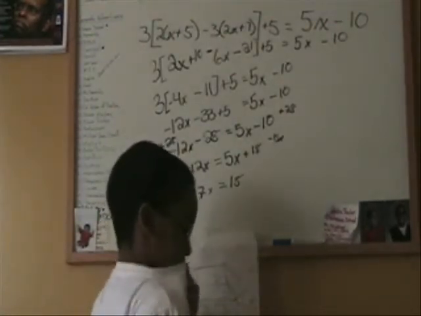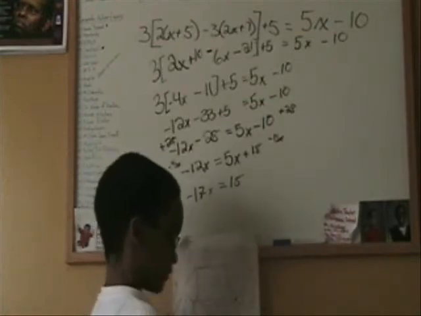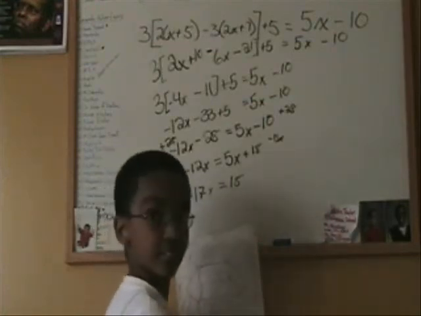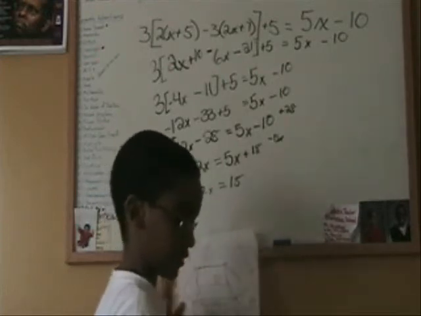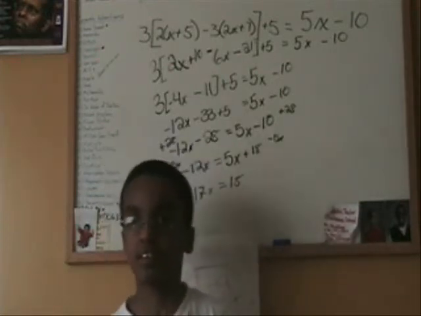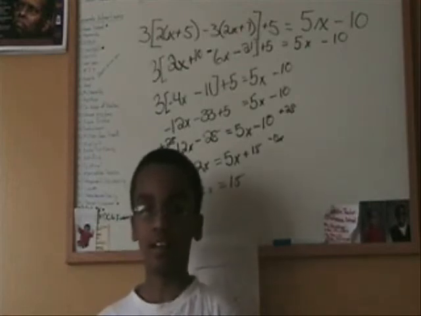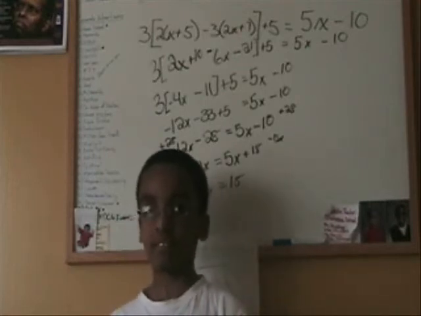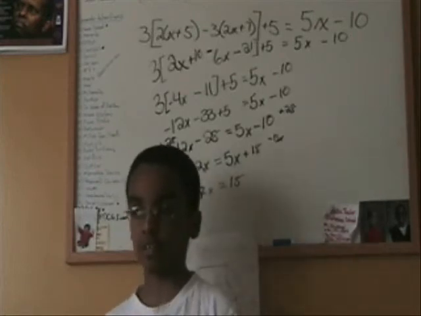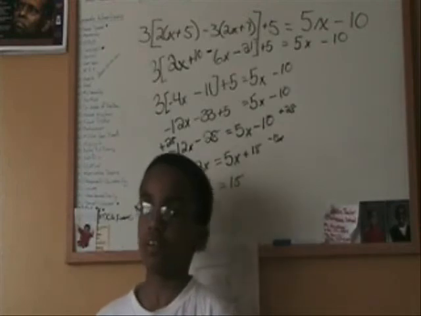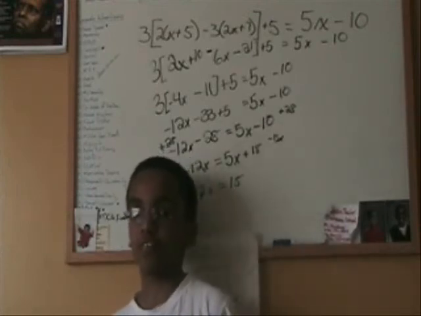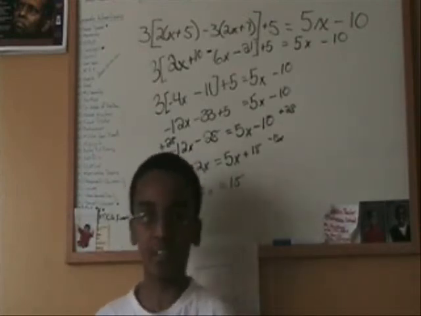Think about it. All right. Let's say we had 2x equals 6. How would you get rid of the 2? I would have to divide each side by 2. And then you would get what? I would have x equals 3. All right.